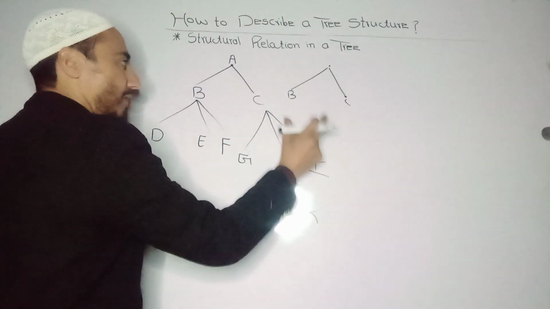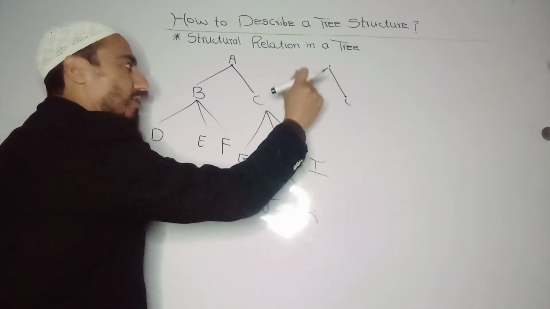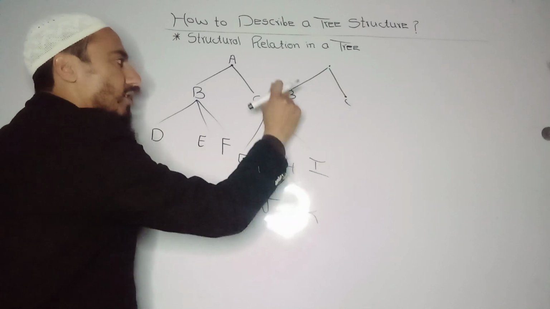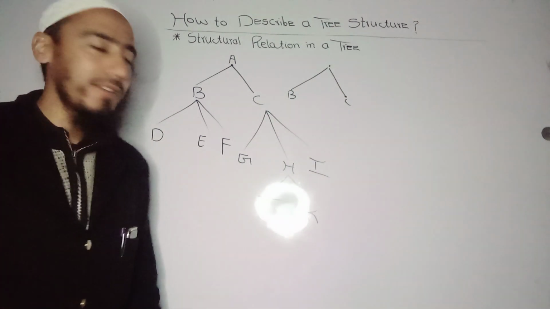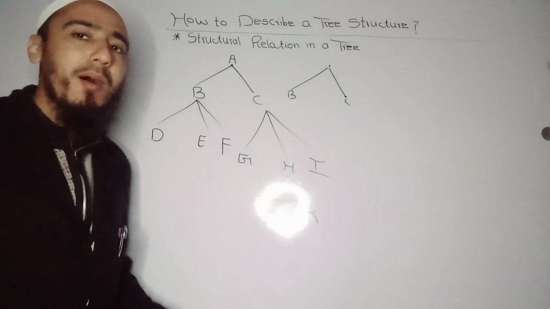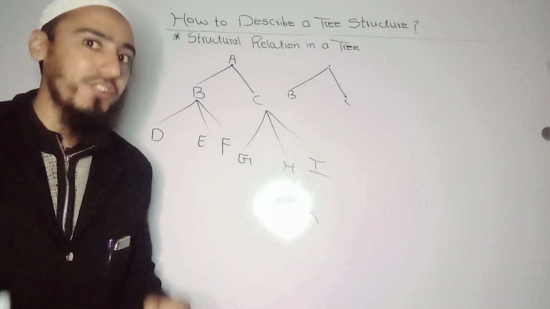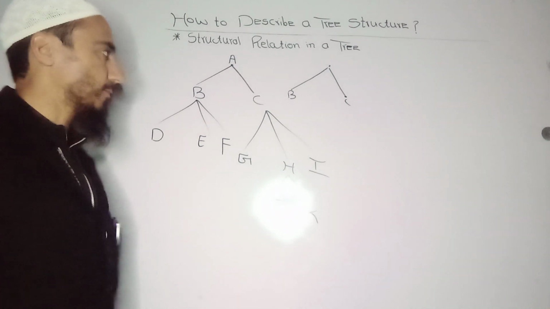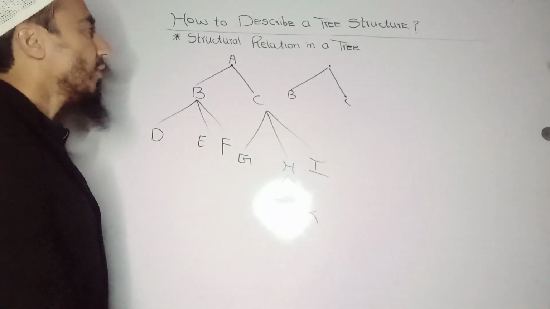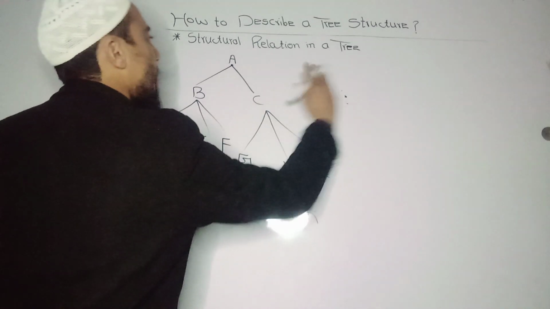So here we have three nodes: A, B and C. B and C are called labels or symbols, because with the help of them we understand and recognize the tree structures or the complete structure of a sentence.